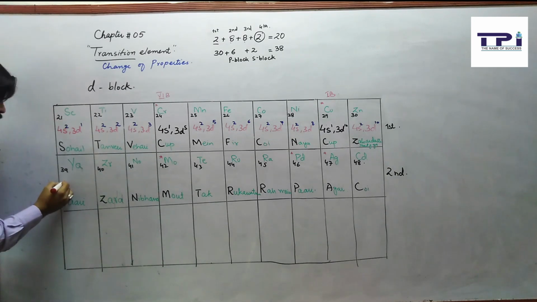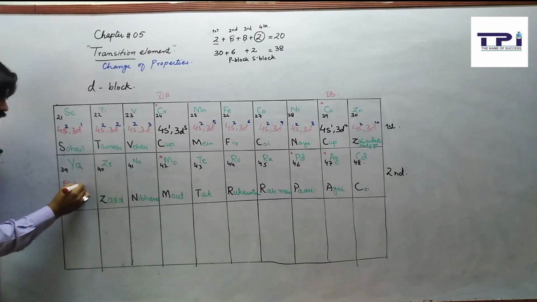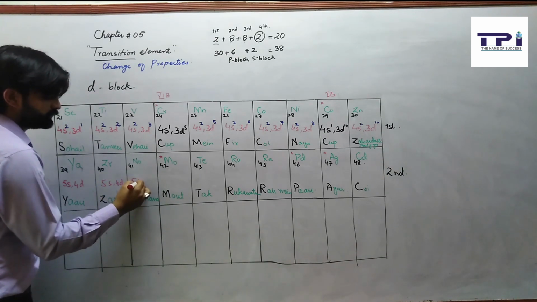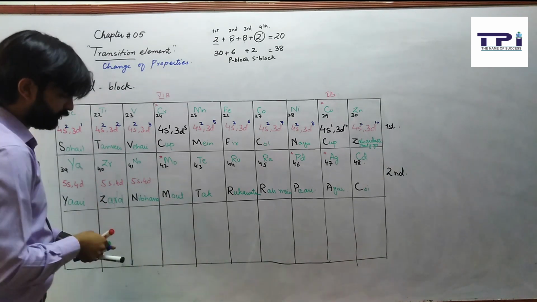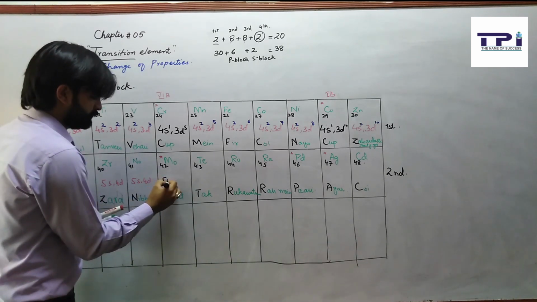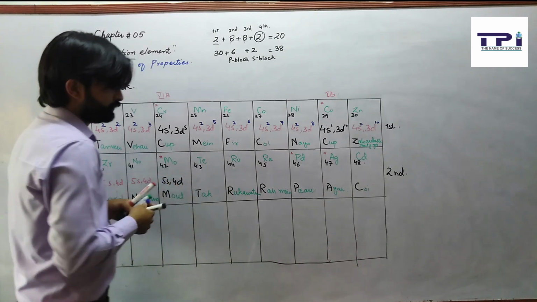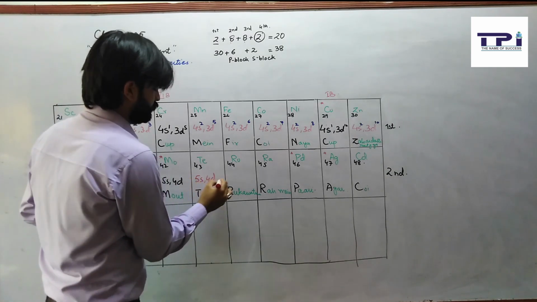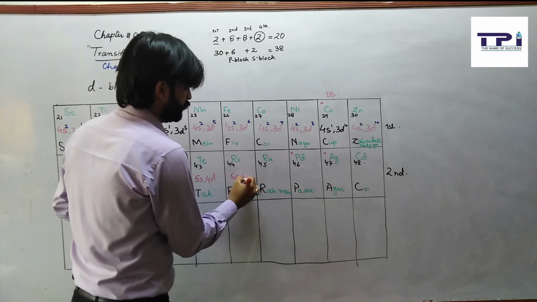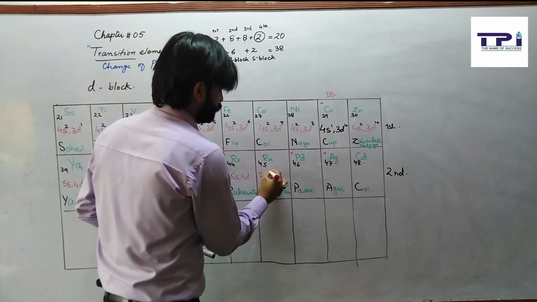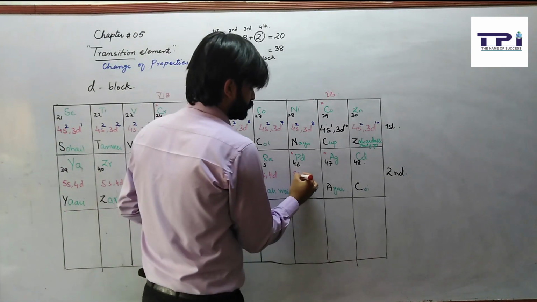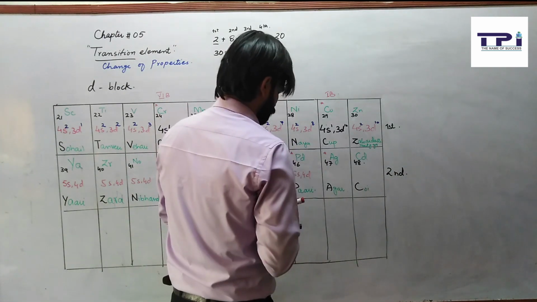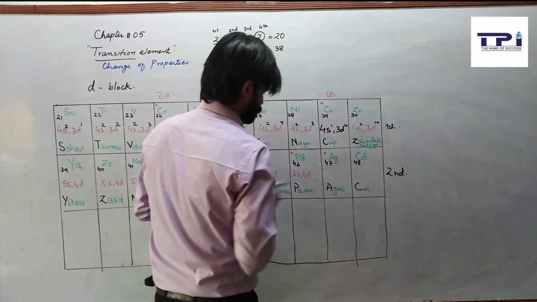Electronic configuration, that was fifth period: 5s, 4d, and so on for each element.